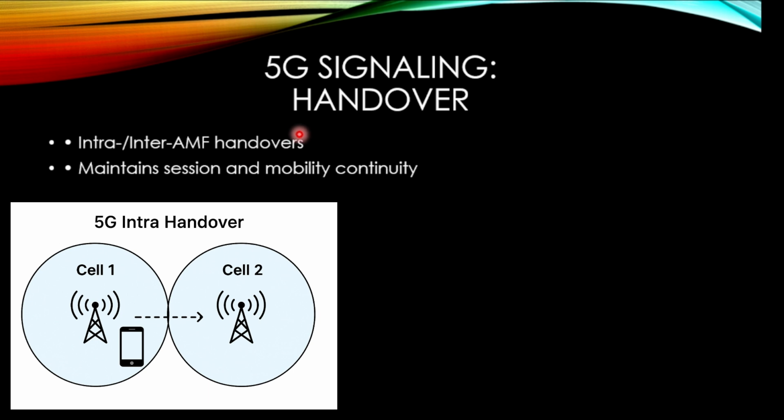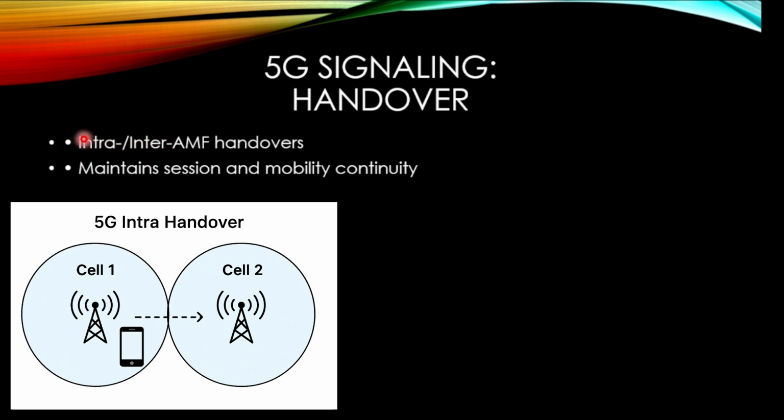Now, the handover. What is handover? Handover means when the user equipment moves from one gNodeB to another, or from one tracking area to another. Hence you have two types of handovers.